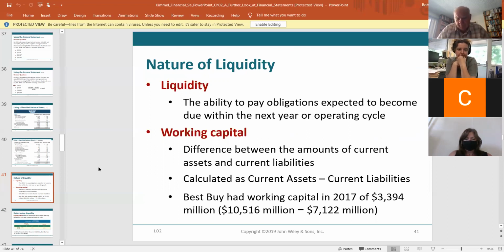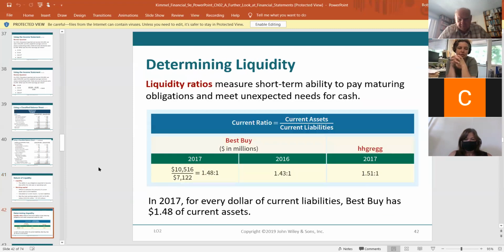If you're looking to invest in a company, working capital might be the first thing you look at. If the ratio was only like 0.1 or something, well, that's not so good. The higher the ratio, the better. We'll get to that in a second. 1.5 and higher, that's what we're going to be showing here.